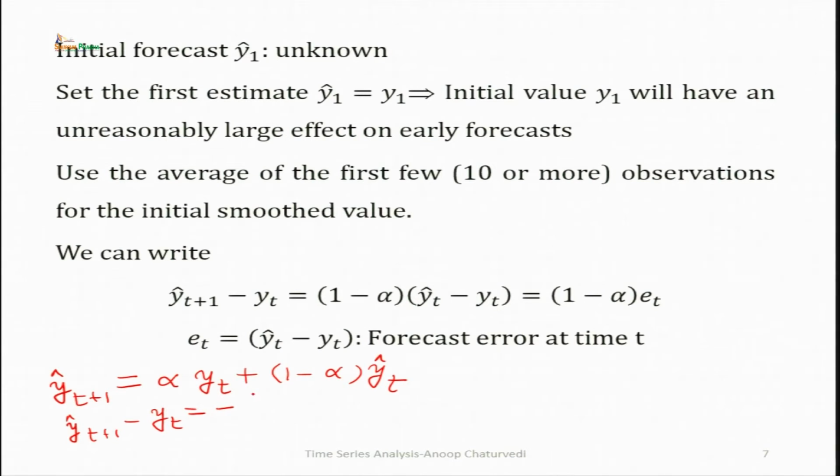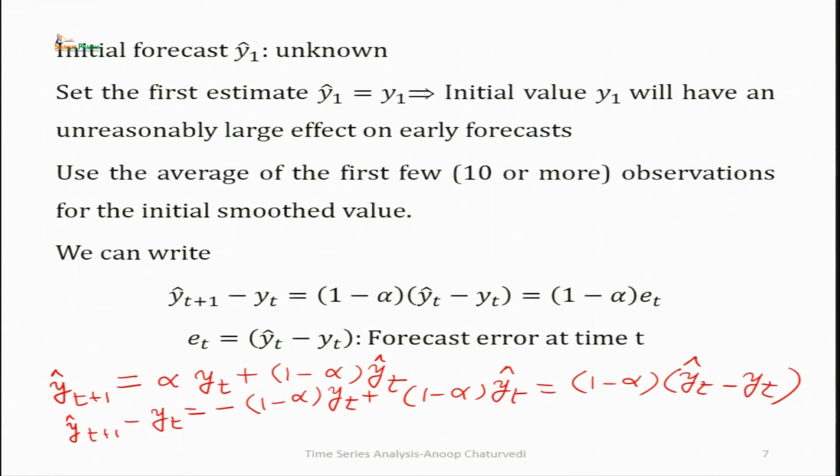So, you get minus (1 minus alpha) y_t plus (1 minus alpha) y hat t, which is equal to (1 minus alpha) times (y hat t minus y_t). And suppose E_t is equal to y hat t minus y_t, which is the forecast error at time t, then this is equal to (1 minus alpha) into E_t.